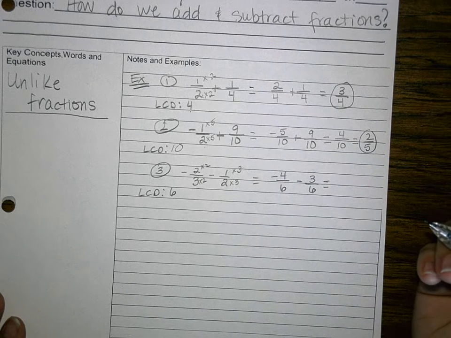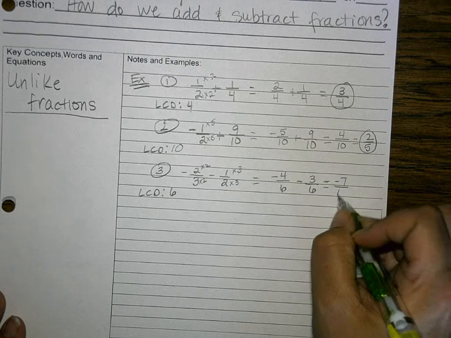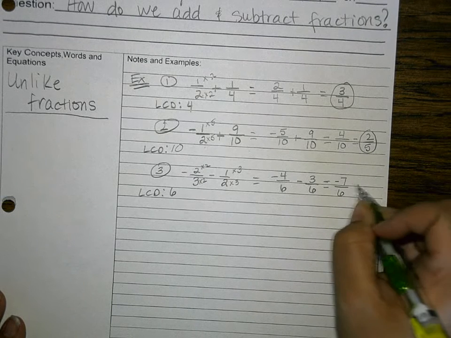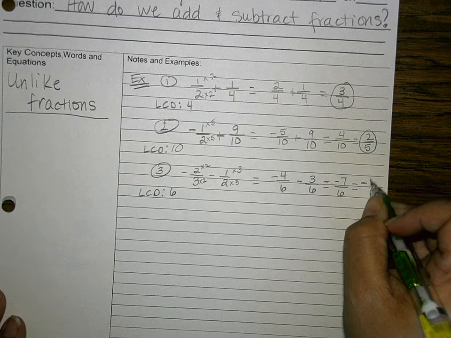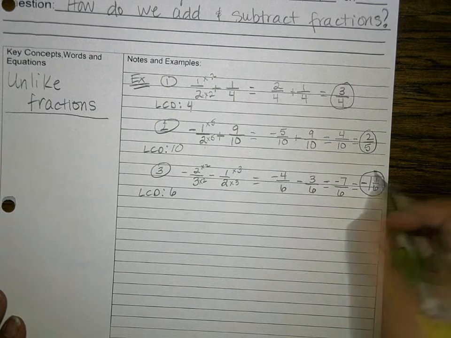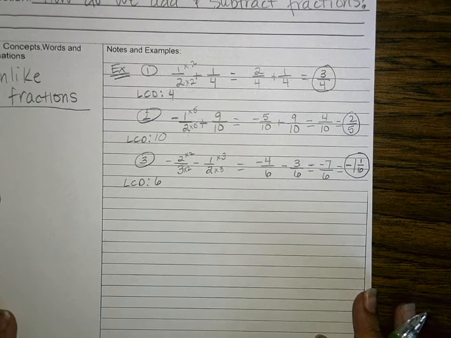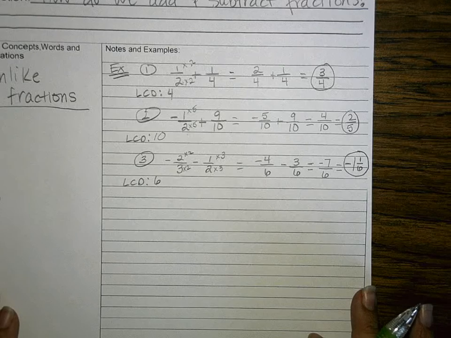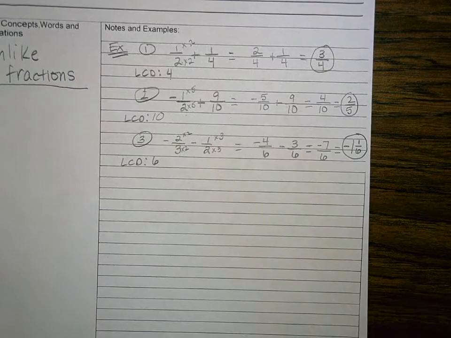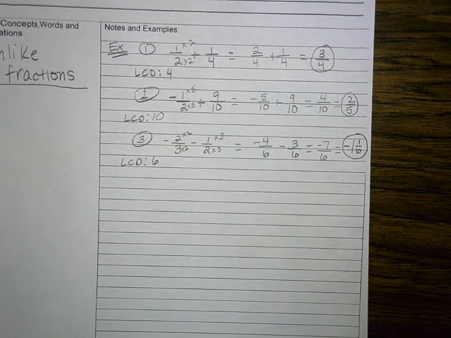What's negative 4 minus 3? Negative 7. Good. I'm glad that you stopped and thought about it. Negative 7/6. And now I divide 6 into 7. That goes one time, right? Don't forget to put the negative. Negative 1 and 1/6. Any questions so far? So I'm not really changing the math, I'm just putting the negatives. That's the only difference for 7th grade.